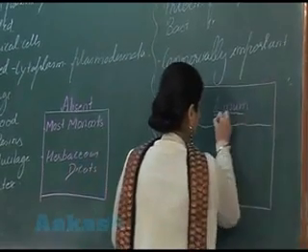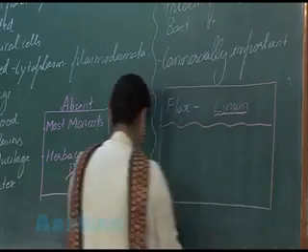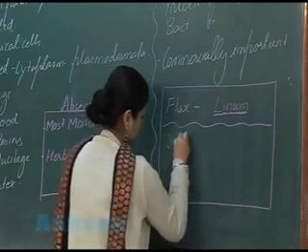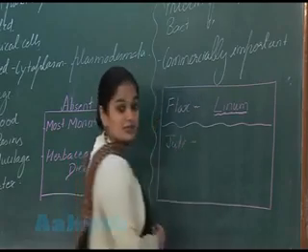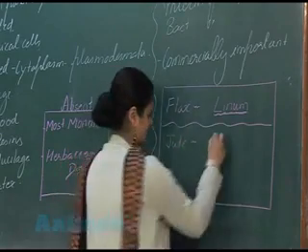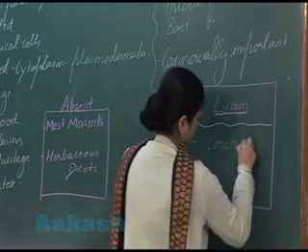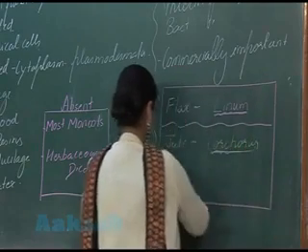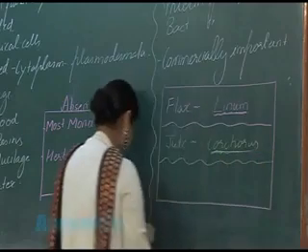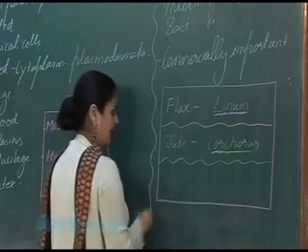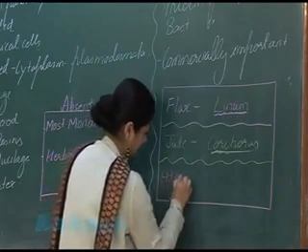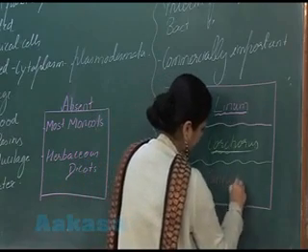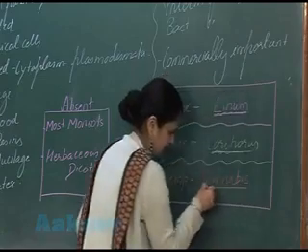Now, second one, that is jute. Scientific name is Quercus. The next one is hemp. And the scientific name is cannabis. Yes?